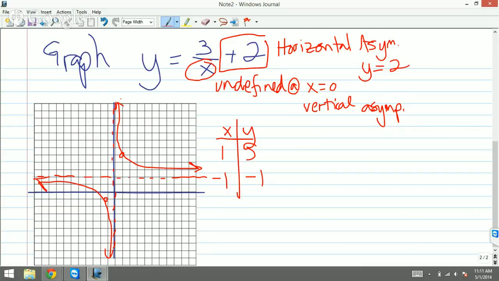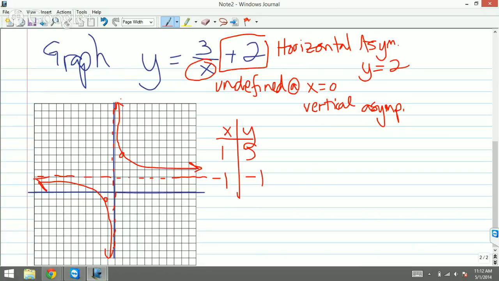Gabby. How do you know that 1 is negative 1 over there? Well, we know that 1 is a part of the domain, right? Because the domain's all reals except 0. So if I plug 1 into the equation, it gives me where it rests on the y-axis, y value.